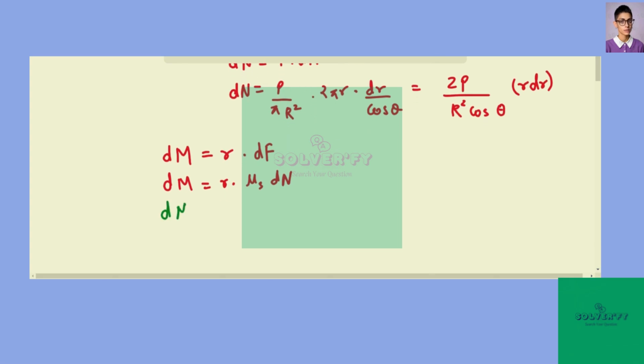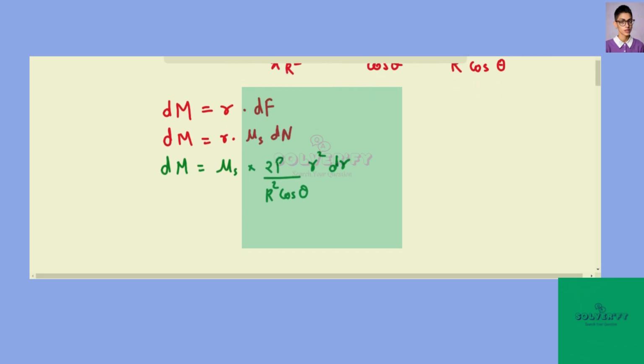So dM is equal to mu s into 2P divided by R square cos theta, into r square dr. For complete torque, we integrate this equation from 0 to R. So we get 2P mu s divided by R square cos theta, and the value of R cube divided by 3.